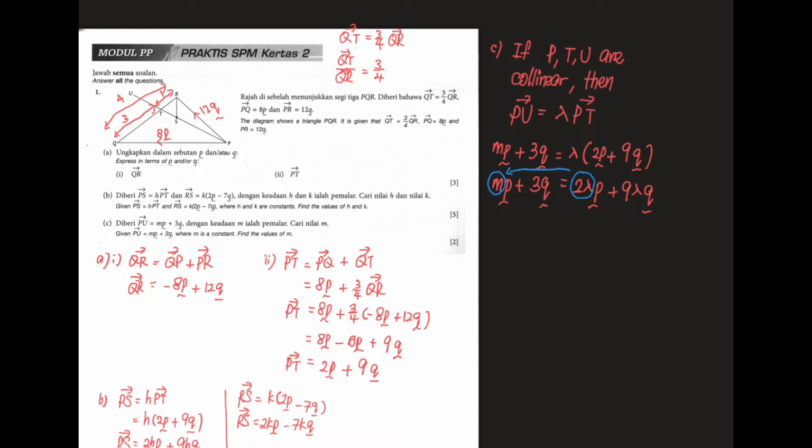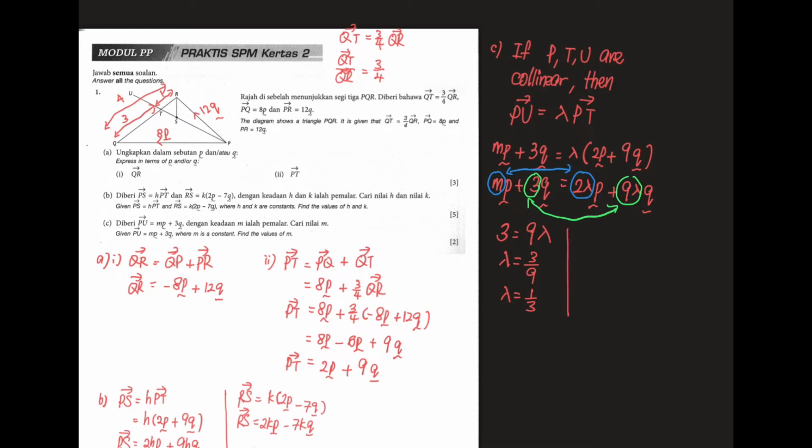So these are the coefficients of vector P. Then I can compare 3 with 9 lambda. Of course I'm going to compare the green color one first because I can find lambda, one unknown. If you compare the blue one, you cannot get anything because there are two unknowns there. So 3 equal to 9 lambda, lambda equal to 3 over 9, lambda equal to 1 over 3.